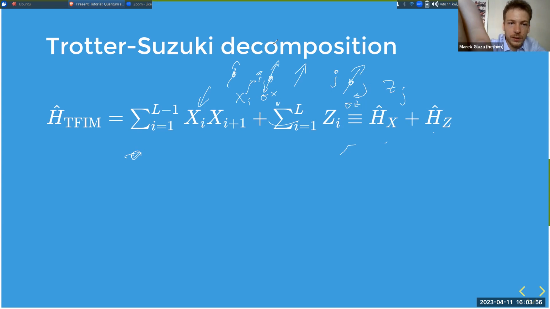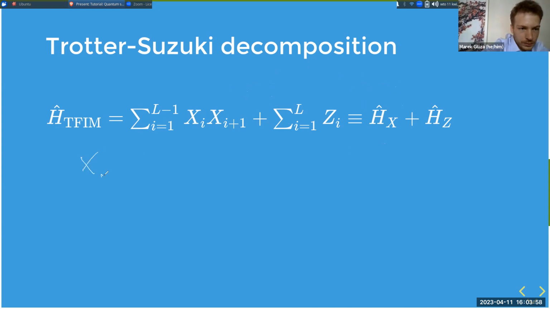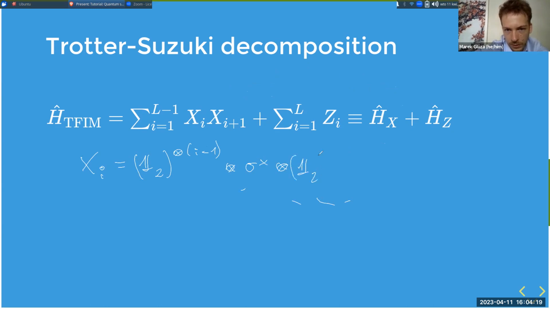One thing about the notation is that it's useful to write this as the 2x2 identity tensored I minus 1 times, and one thing to figure out is that the indices are correct. Then the sigma x matrix, then the tensor product of 2x2 identities.